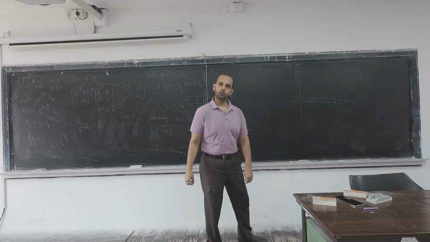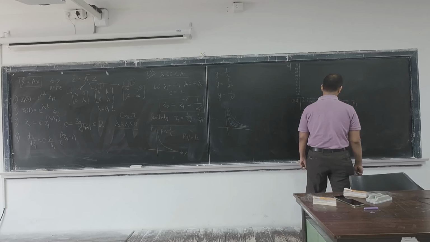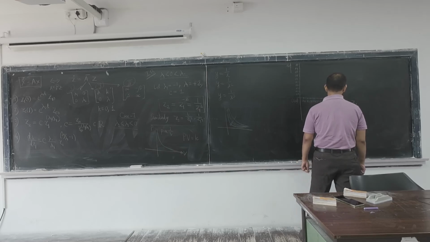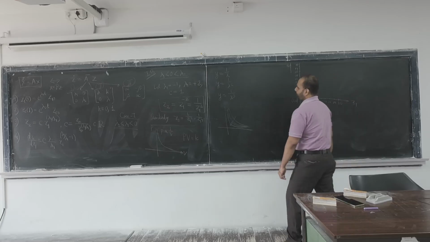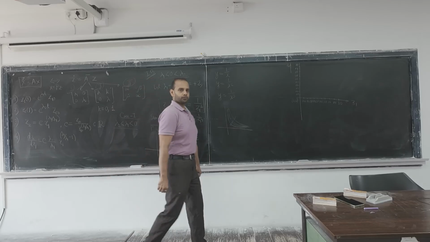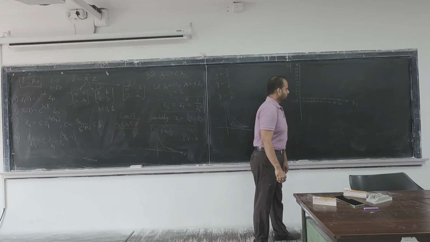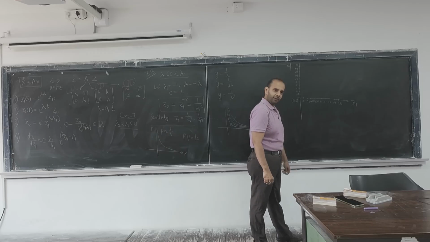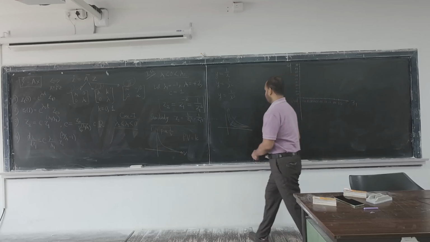Let us draw for the first quadrant, okay? Now, how could you draw? Again, we have to make that table, right? So, let us make that table.